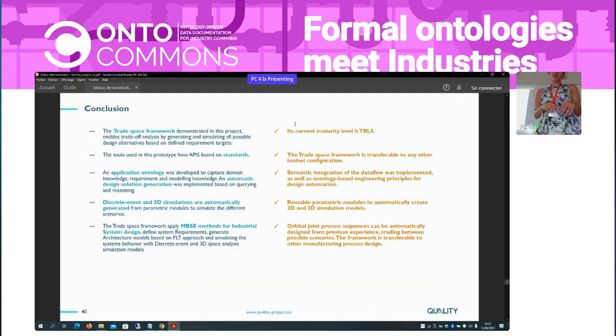So the application ontology was developed, capturing knowledge from the data and controlling the requirement and the modeling knowledge. And there was an automatic design solution generation available as well. So this ensured the semantic integration of the data flow and ontology-based engineering principles for design automation. We had discrete event and 3D simulations automatically generated out of the architecture options that were defined.